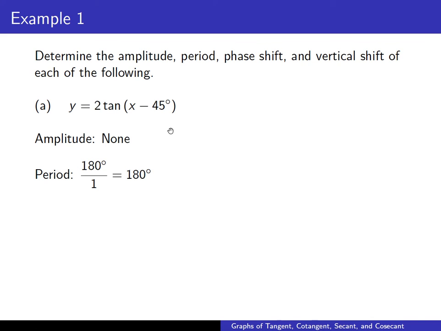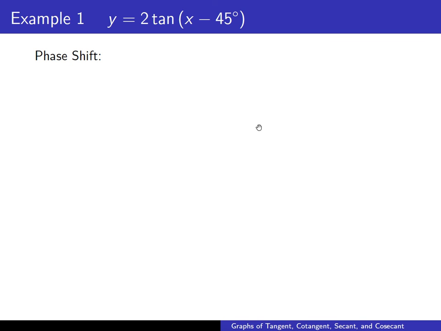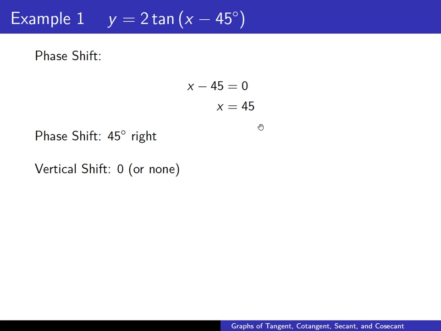The period is 180 degrees divided by 1, or if we're in radians, pi radians. Phase shift, we look at x minus 45 and set it equal to 0 and solve it, we get x equals 45. So it's a 45 degree shift to the right. And vertical shift, since we're not adding or subtracting anything outside of our function, it's 0, or we could also say none.